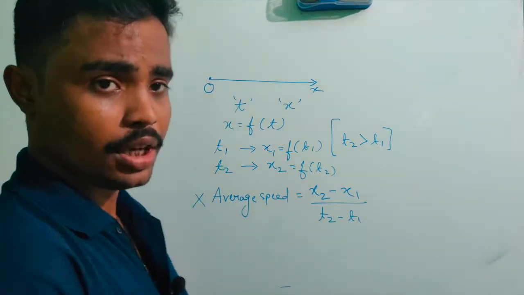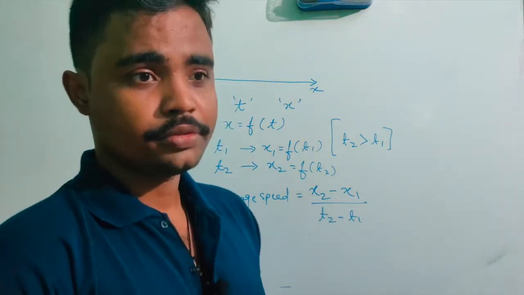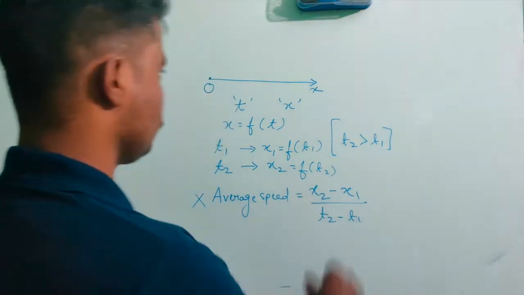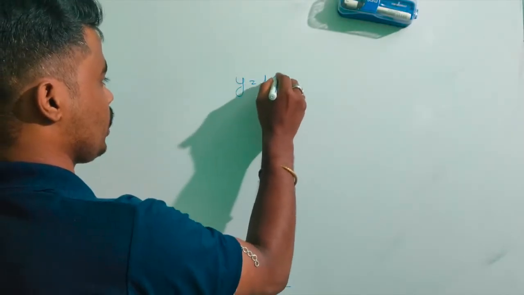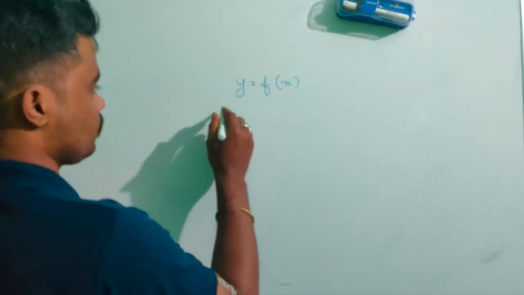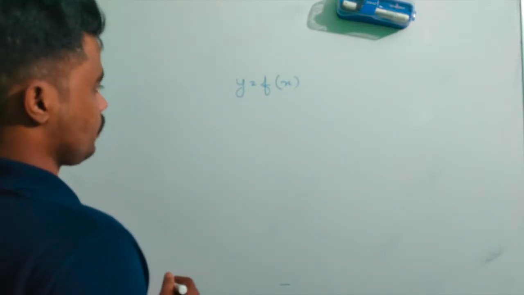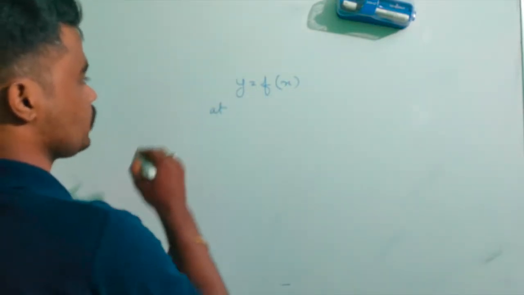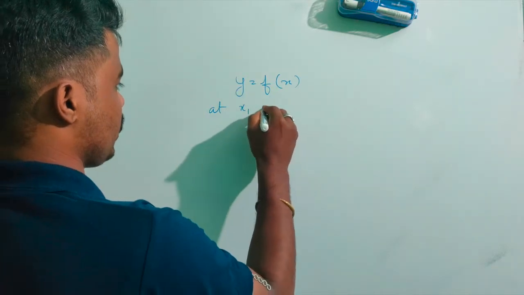The same concept of average rate of change of displacement with respect to time we can define for any function, say y equal to f of x. So we evaluate the value of the function f of x at two different values of the independent variable, which I will take here as x1 and x2.